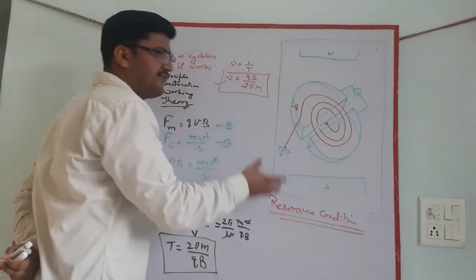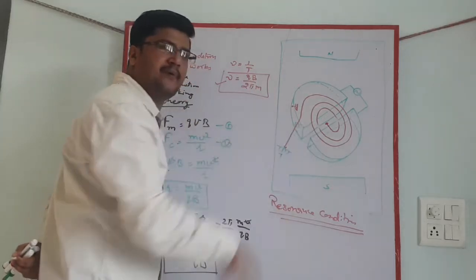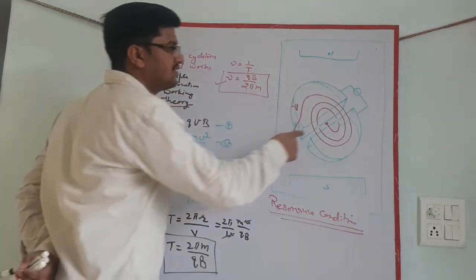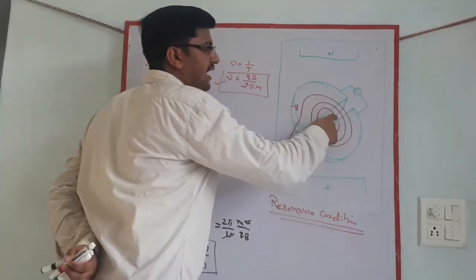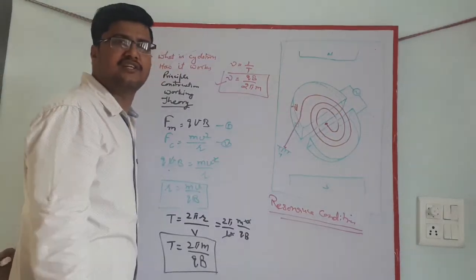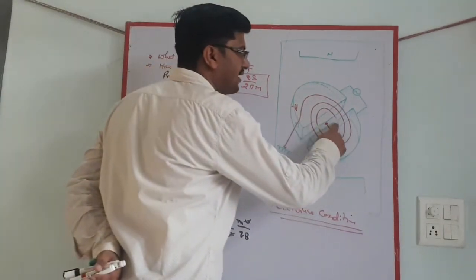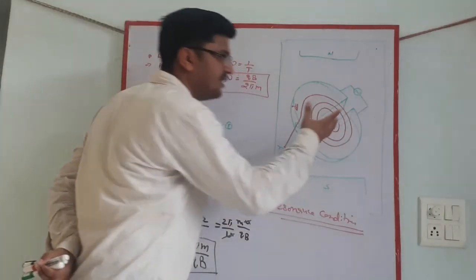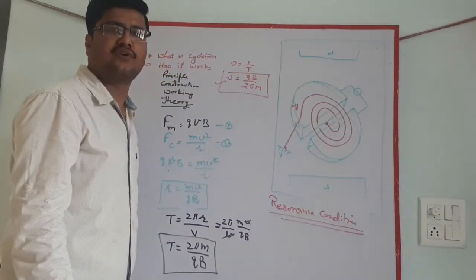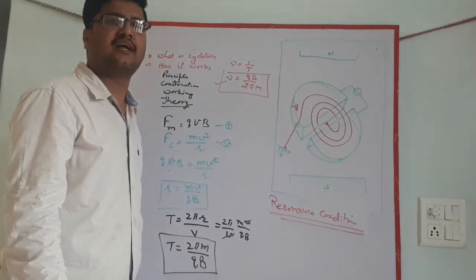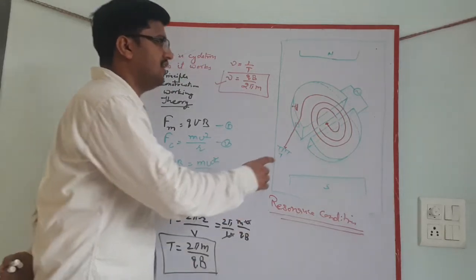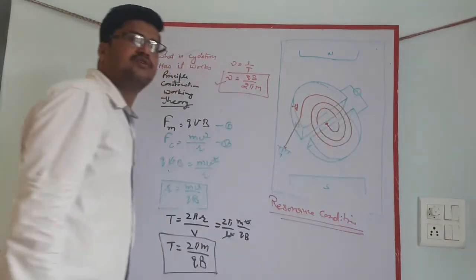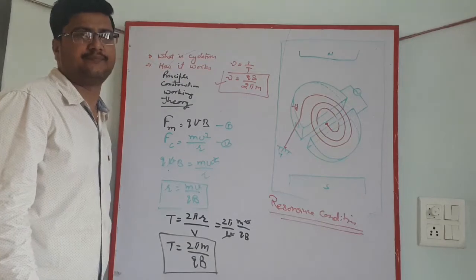Because say the frequency of the charged particle is less and the oscillator's is high, the charged particle will not reach the gap when the polarity of the oscillator changes, and hence instead of getting the push, it will get pulled toward the D only, and its velocity will not increase, its velocity will get retarded. Therefore, the frequency of the charged particle and the oscillator must match to gain the maximum energy.